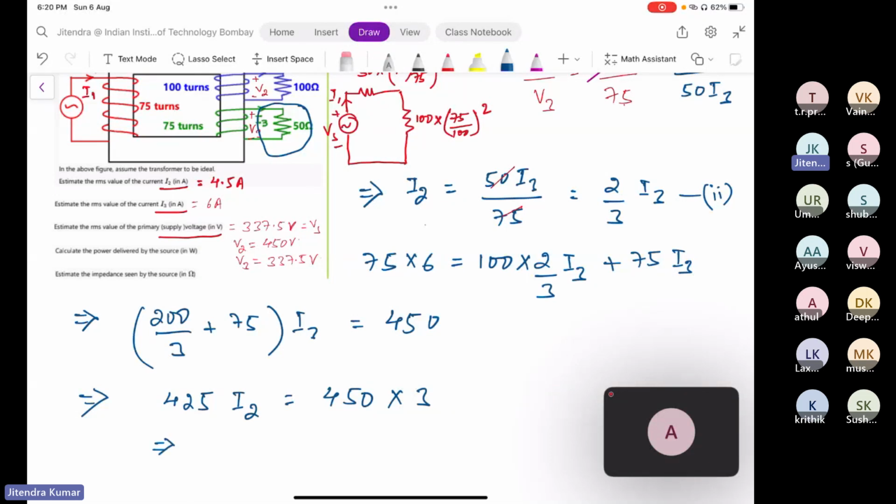Sorry, it is I3, not I2. I hope you didn't get confused. Please, can anyone calculate for me the value of I3.